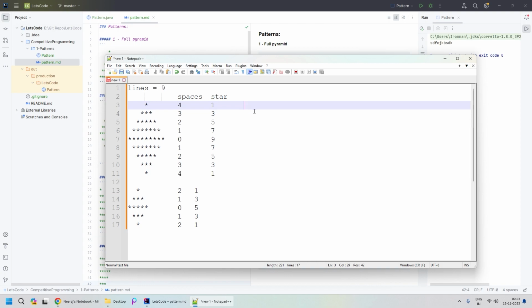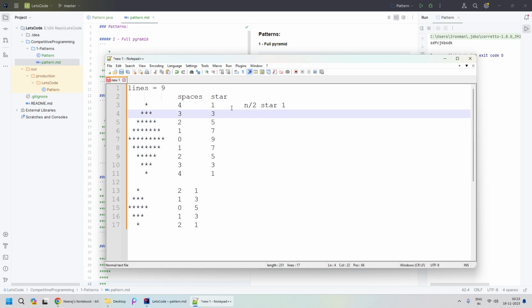That means the initial value of the spaces can be n by 2, 9 by 2 is 4, right? And the initial value of stars will always be 1. It doesn't matter how big the pattern we have to print, always the spaces value will be n by 2 and the star value will be 1, the initial values.